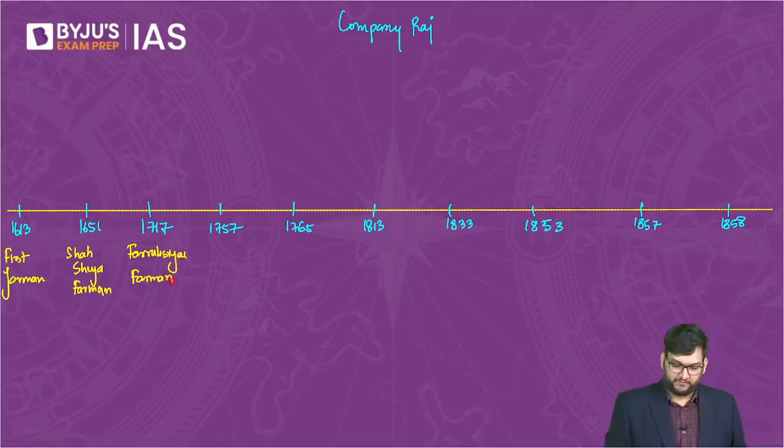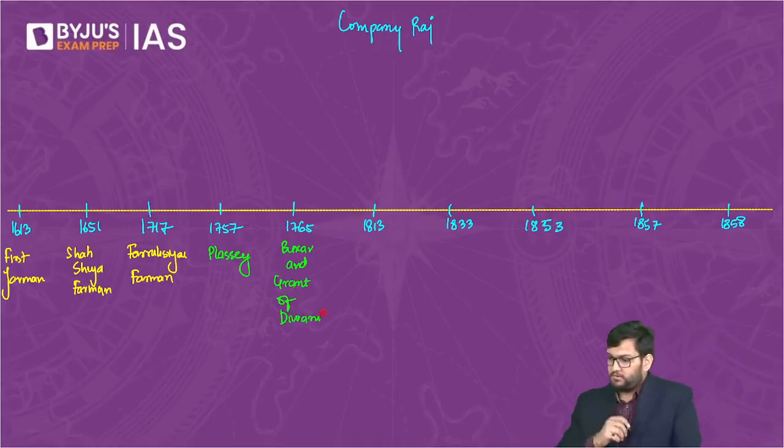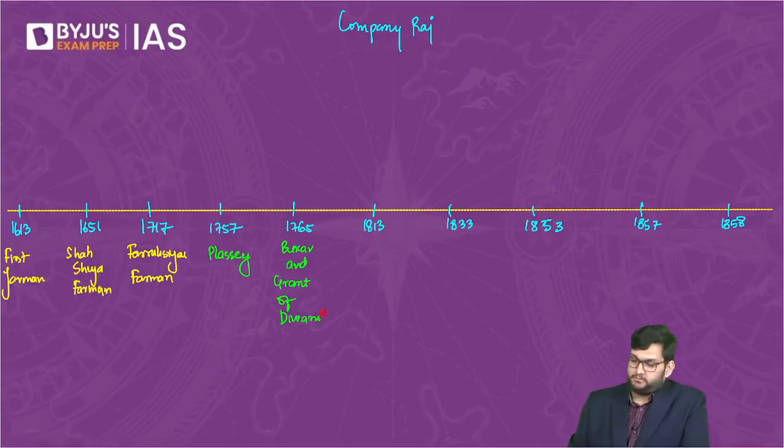Thereafter, Plassey, Buxar and grant of Diwani. I have not written 1615. 1615 is implied in that. Golden Farman implied. What I'm writing is the most important ones.